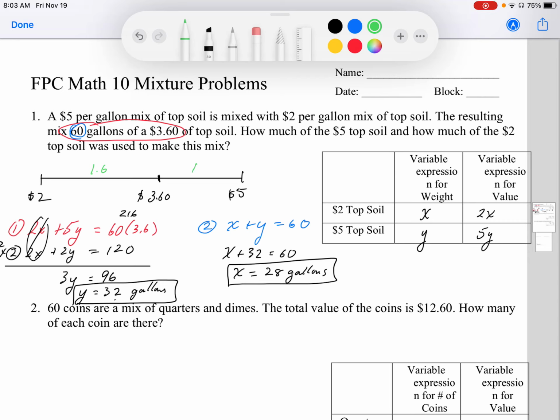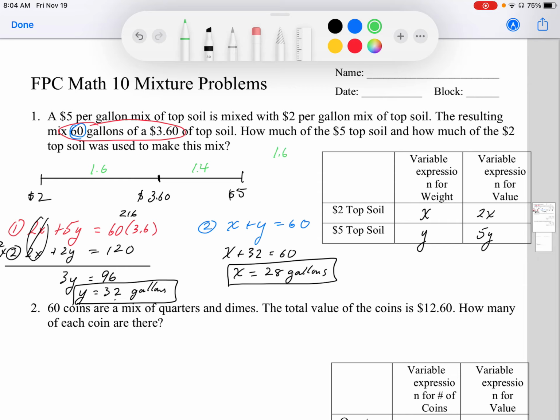And from $3.60 to $5, it's going to be 1.4. And what ends up happening is we have a reverse proportion. We actually need more $5 mix than $2 mix. So if we just switch those proportions, 1.6 to 1.4, we can work out the ratio of the 60 gallons, the total amount of topsoil that we needed.